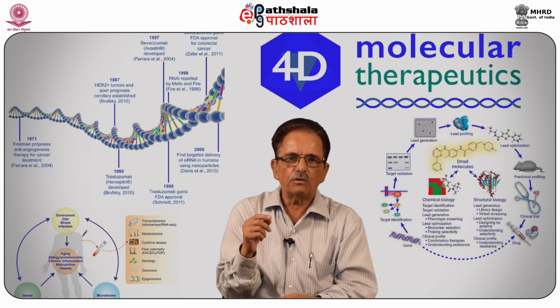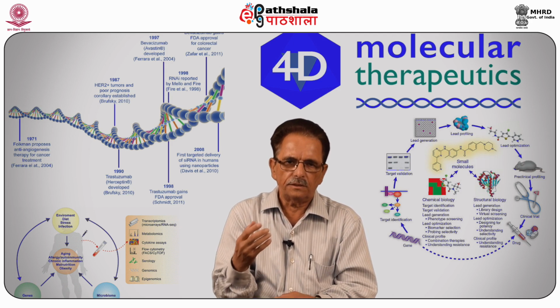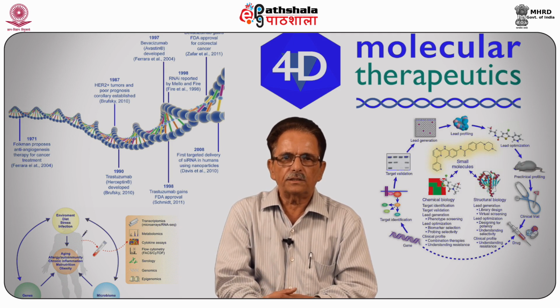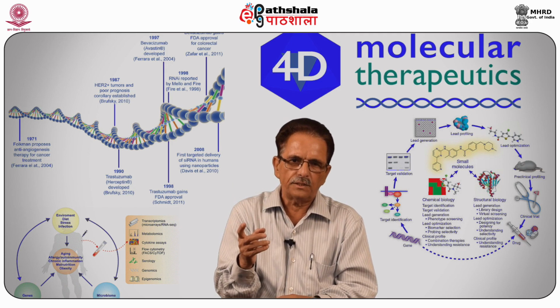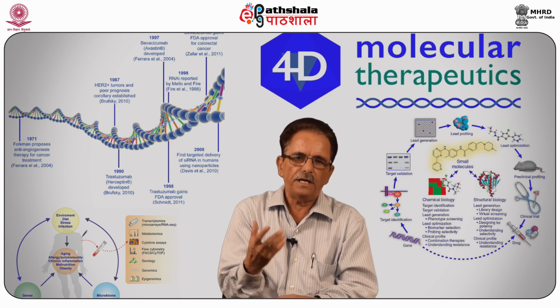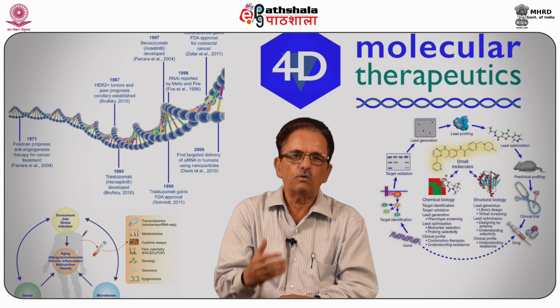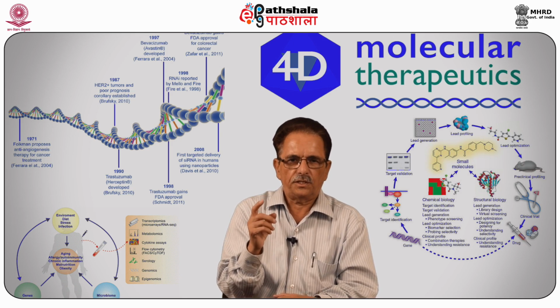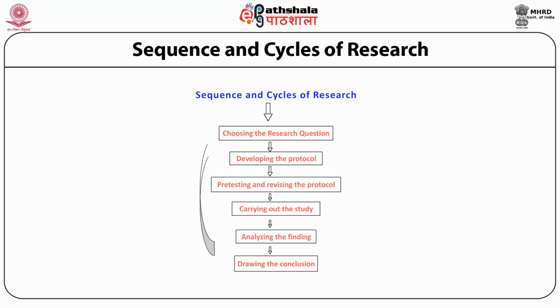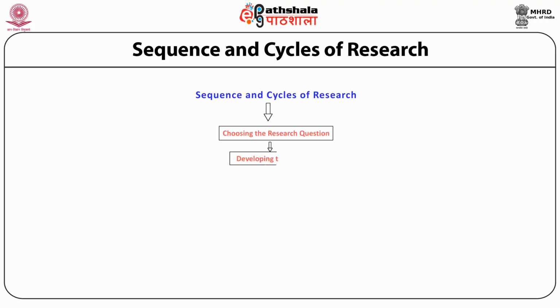Then carry out the research by adopting suitable methods, and the data which we collect is to be analyzed, finally disseminating the conclusion and making it available to the public. This is the sequence and cycle of research. Before proceeding to the next slide, I want to say that there are two types of data collected.